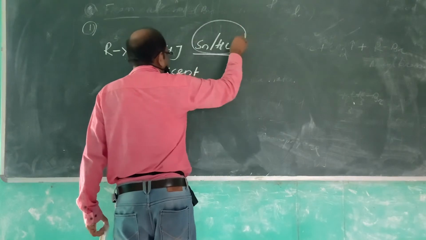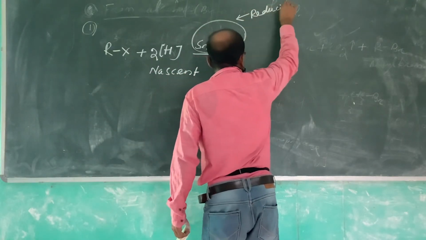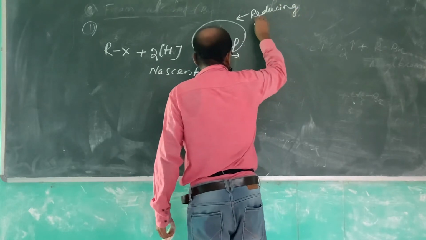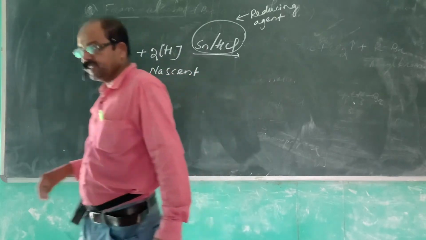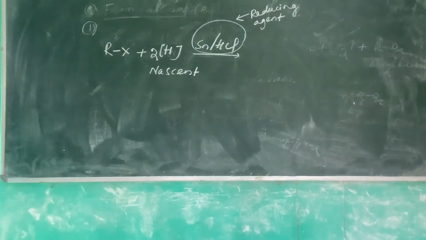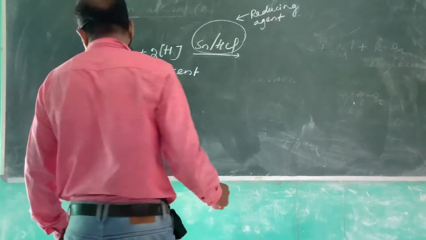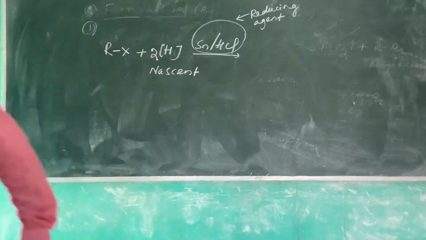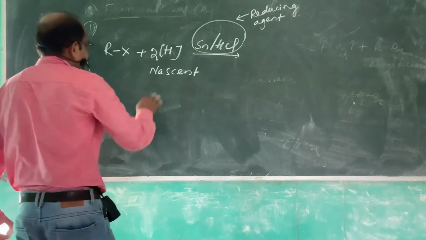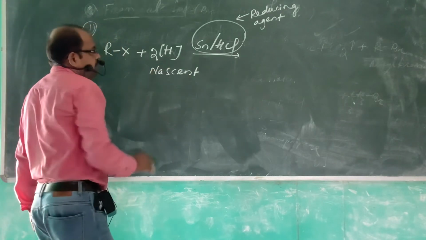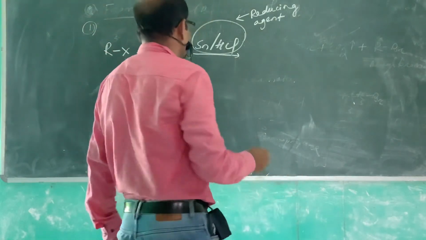This mixture is called a reducing agent because it provides nascent hydrogen, unstable hydrogen, or highly reactive hydrogen. How to get nascent hydrogen from the mixture of tin and hydrochloric acid?